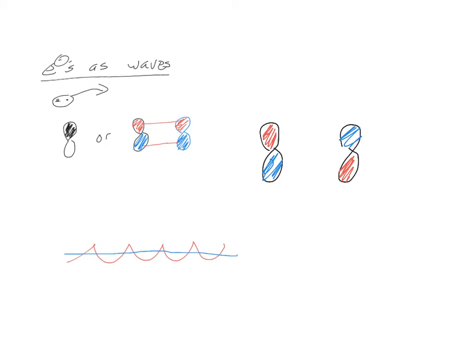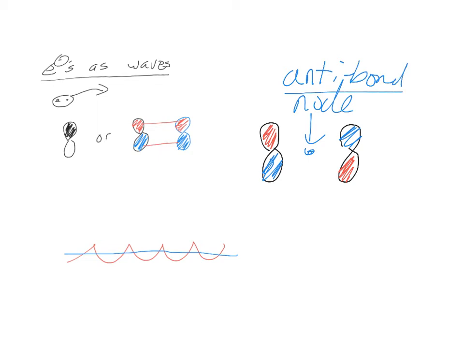In this case, these 2 things are out of phase. They're just going to cancel each other out, and that's where we create that node or antibond. So that would make no wave. It would cancel the wave completely out. That'd be a destructive interaction. That'd be not sharing electrons.